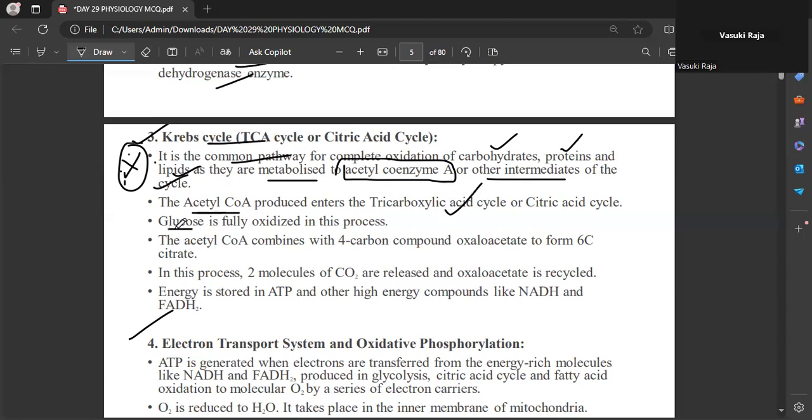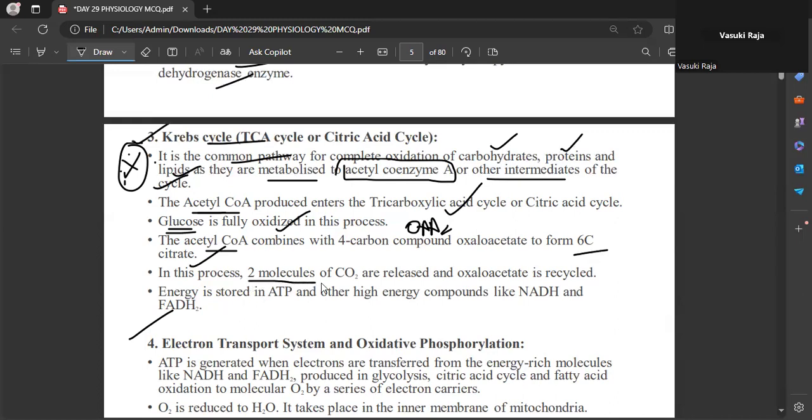Now here the glucose is getting fully oxidized. This acetyl-CoA is combined with OAA, oxaloacetic acid. How many carbons are present in oxaloacetic acid? That will be a 4 carbon compound. Acetyl-CoA plus oxaloacetic acid combine together to form citric acid, which contains 6 carbons.